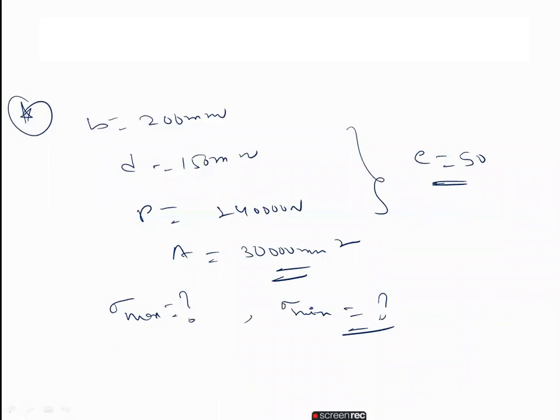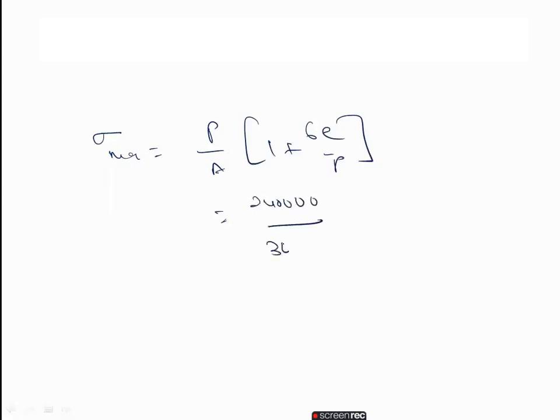Now we will calculate sigma max, which is P by A into 1 plus 6E by B. Substitute all the values here; we are using only two formulas. E is 50, B is 200. You will get 20 Newton per mm square.